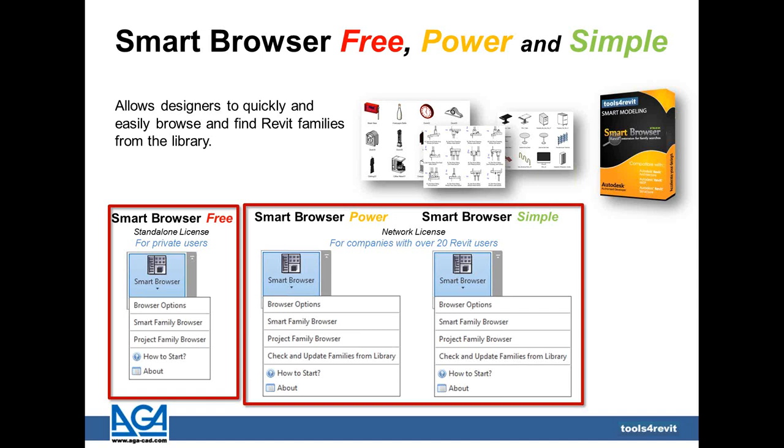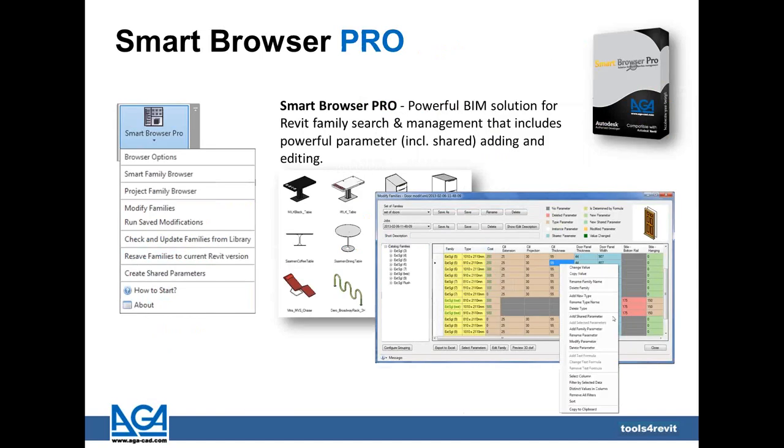So all those three solutions I will show you later in Revit, but right now I will go to the next slide with Smart Browser Pro. With the Pro, you can do all the same things you can do with other installations, but with the Pro version, you will be able to modify the families.